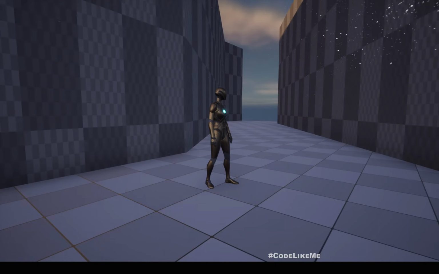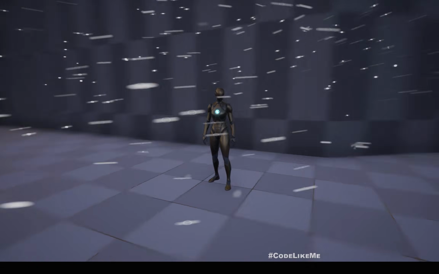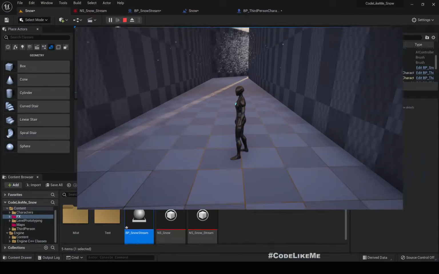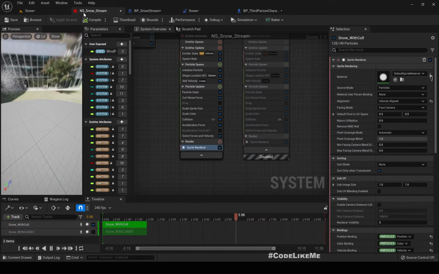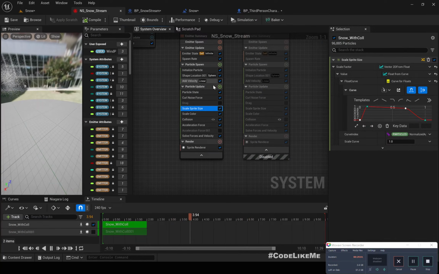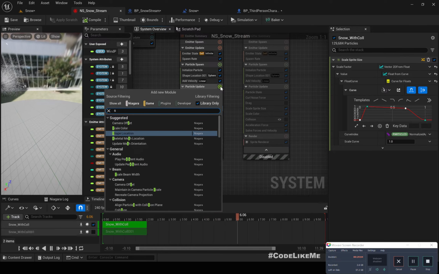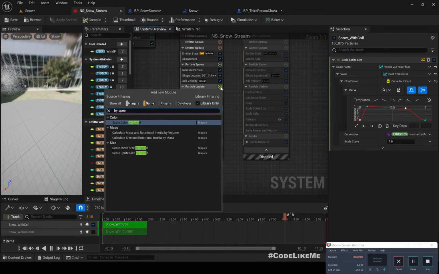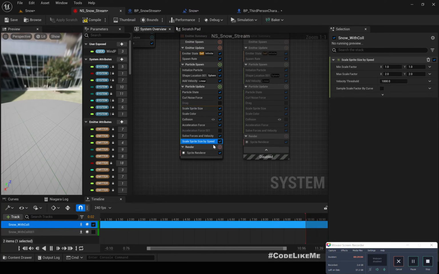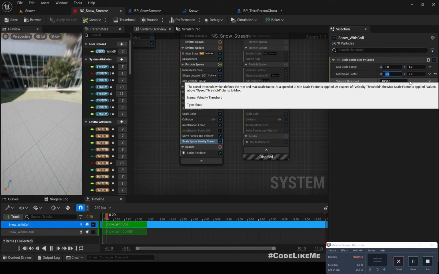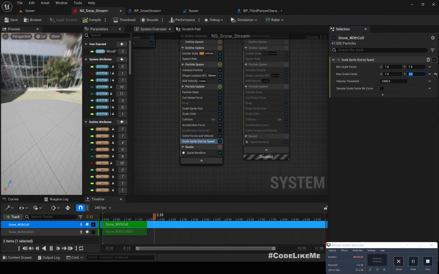So maybe, how can we solve it? Here let's add another one, scale sprite size by speed. Okay. Let's keep x factor unchanged and y changed.